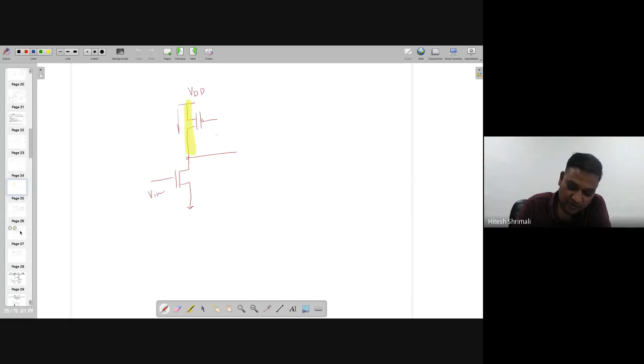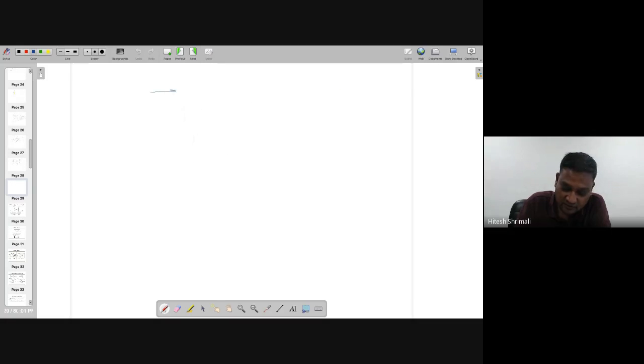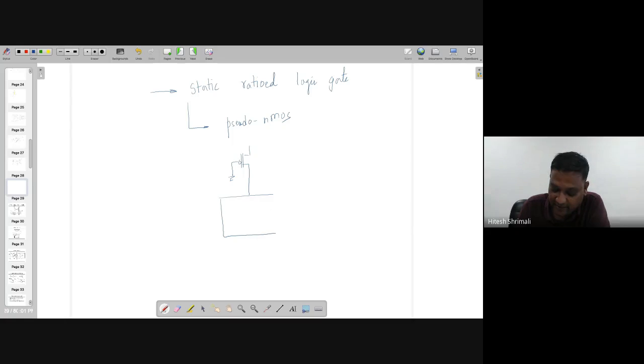So we were talking about various static ratioed logic gates, for which we have studied something called the pseudo NMOS technique, where you are keeping the PMOS in saturation always, and you are implementing the pull-down network over here.